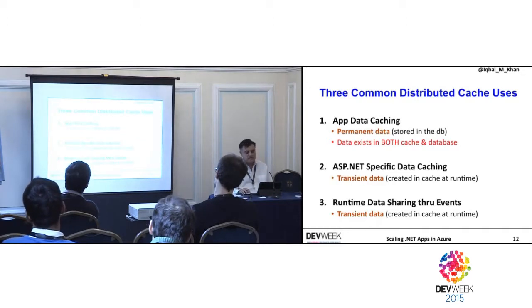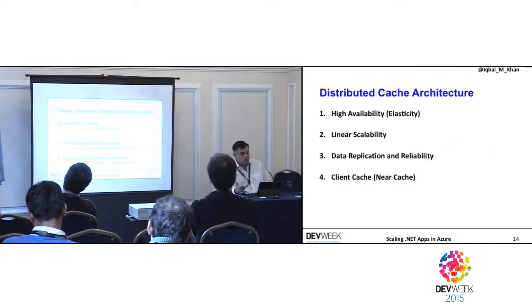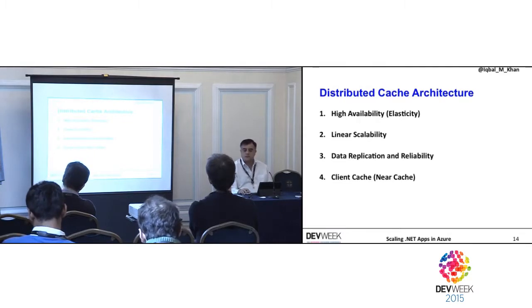In the case of application data caching, you still have the database to go back to. You'll take a performance hit, but the application will keep running, although you don't want to take that hit, because the whole reason you're using this cache is so that you can handle peak loads, which if the cache goes away, are also going to become a major problem. So high availability is very, very critical. Any distributed cache that is half decent should address this.